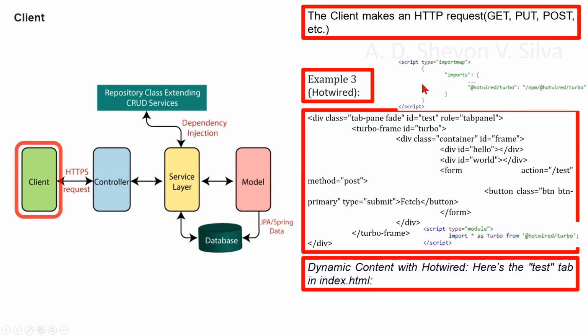We can import it into our page by adding an import map and a script to import the library. This lets us do dynamic content stuff that we already did with HTMX, with a few changes to HTML.